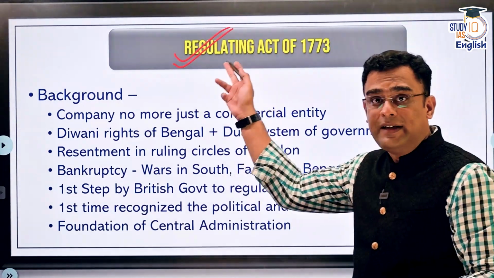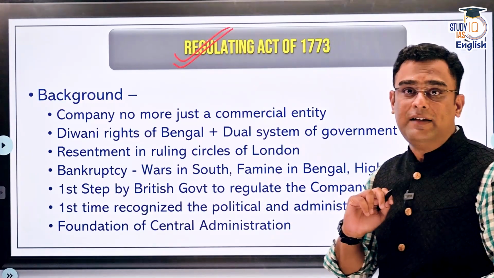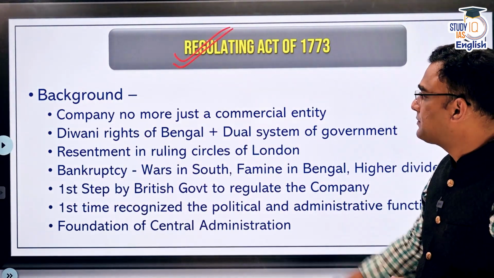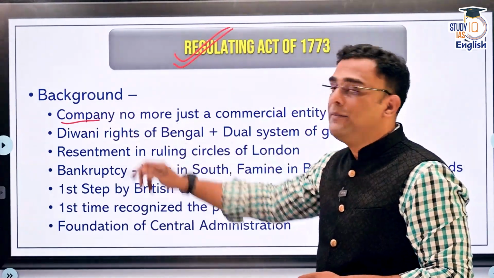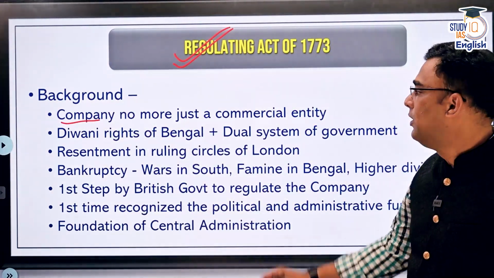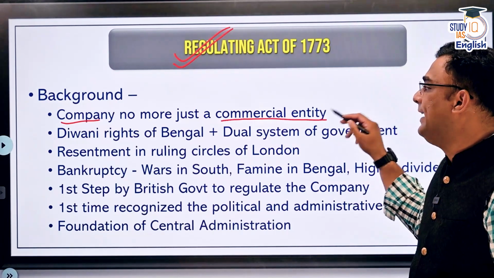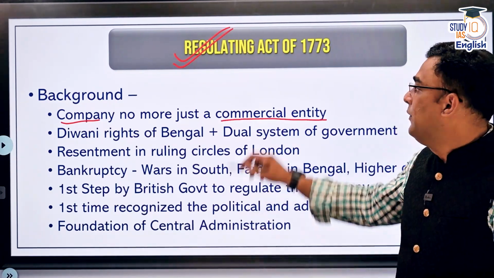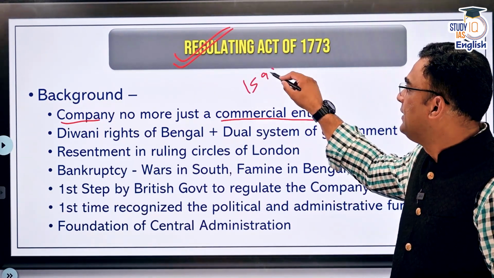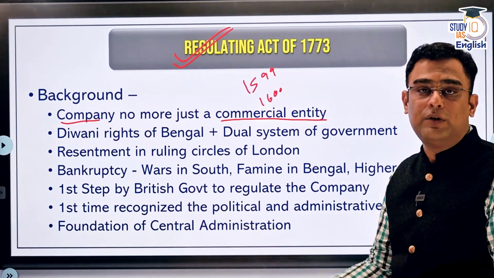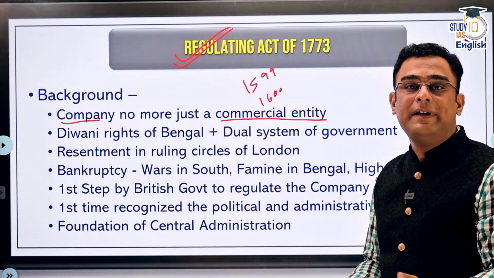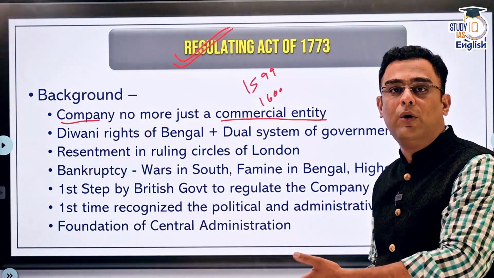So what is the context of this Act of 1773? Let us note that first. Background: the company at this point of time was no more a mere commercial entity. See, 1599 company is created, then 1600 it gets a charter, 1609 the company's representatives come to the Mughal court.